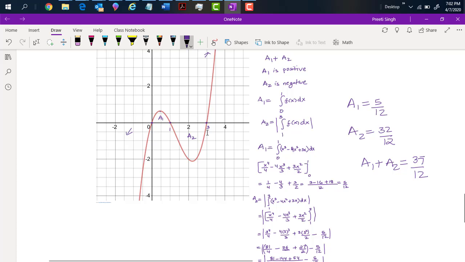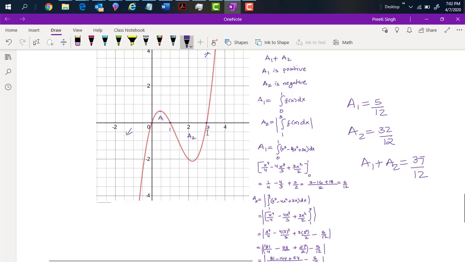Just one thing to note here is that whenever you are below the x-axis, the integral from whatever interval you are looking at is negative. And when you are above the x-axis, it's positive.